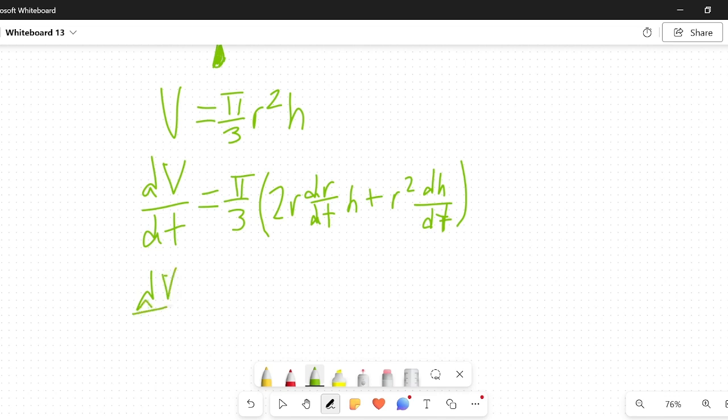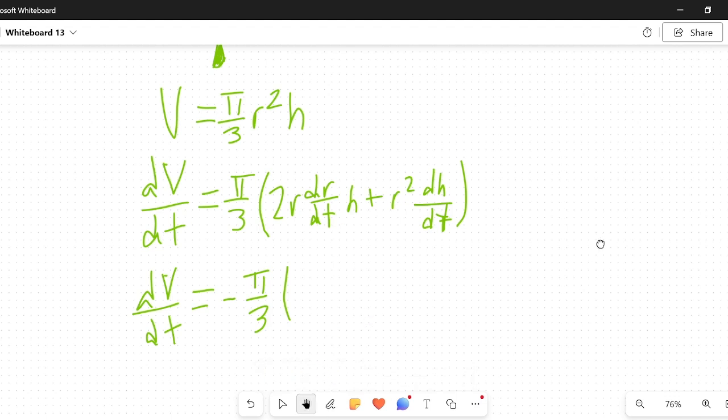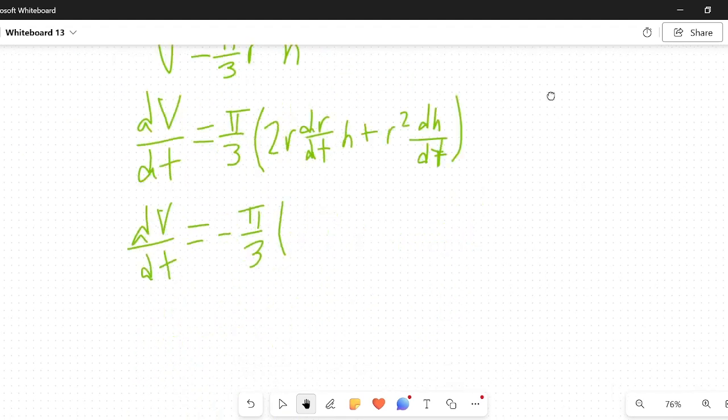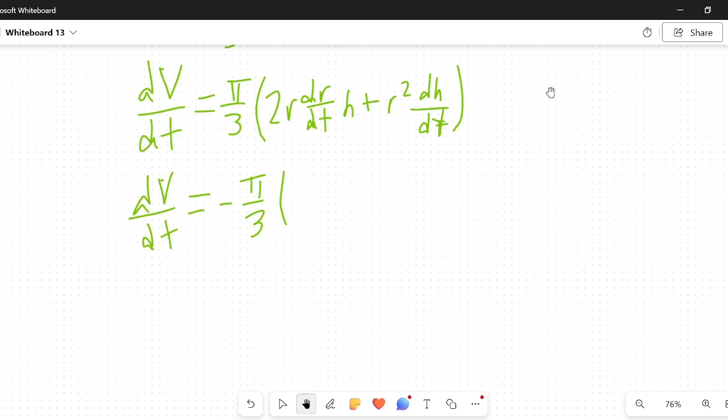So dV over dt equals pi over 3. The height is currently 3, which means that the radius is going to be 1.5, because the radius is always half of the height. If we take a cross section of a cone, it's a triangle, so the radius and the height are directly proportional. So 2 times r is just the height.